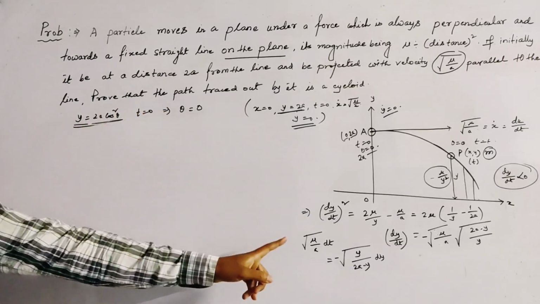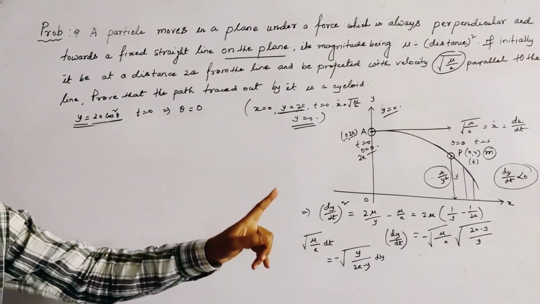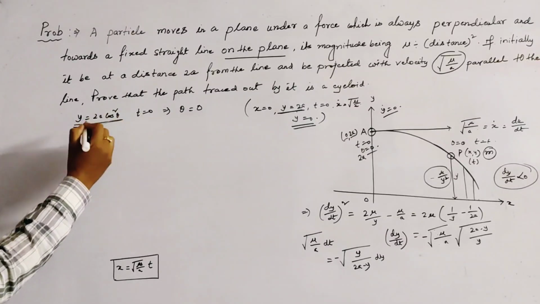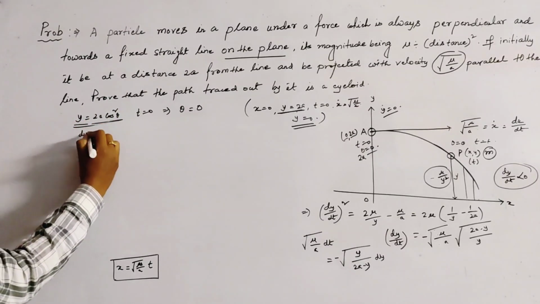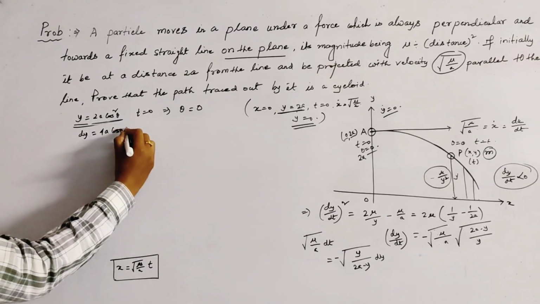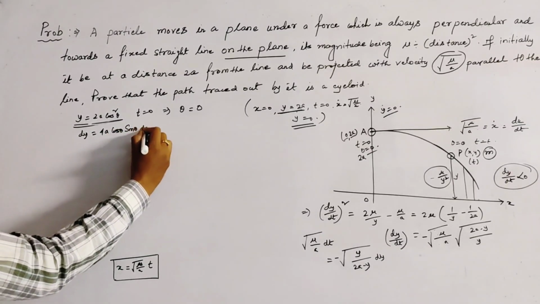Taking the limit of t and the limit of theta, and putting the value y equal to 2a cos square theta, and dy is also minus 4a cos theta sin theta d theta.